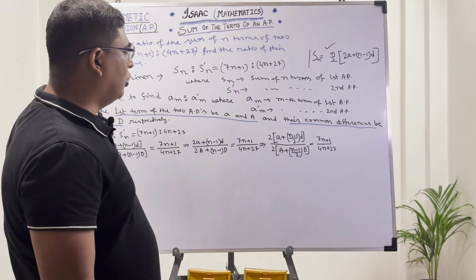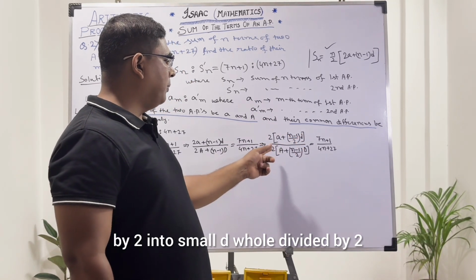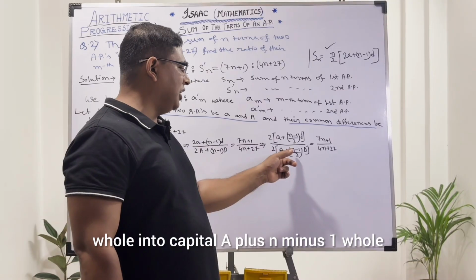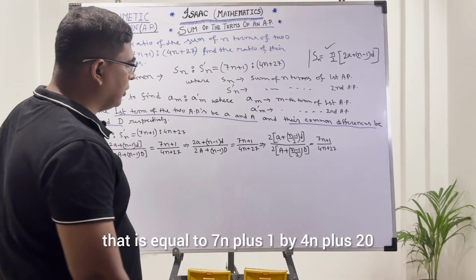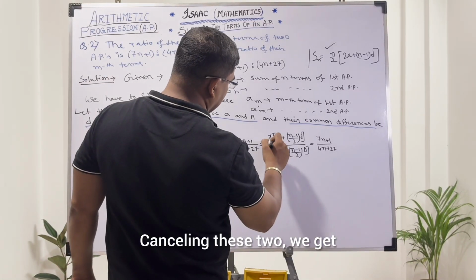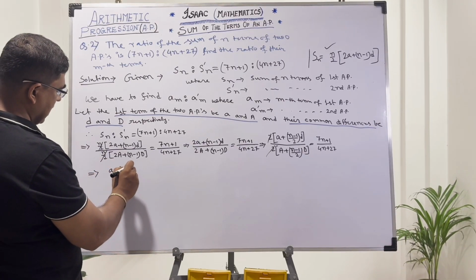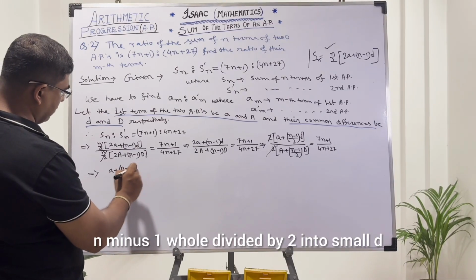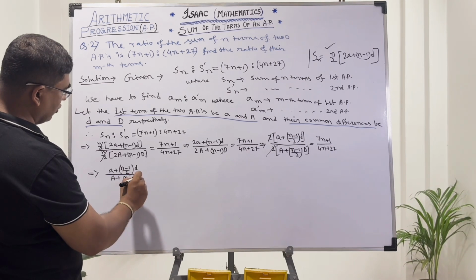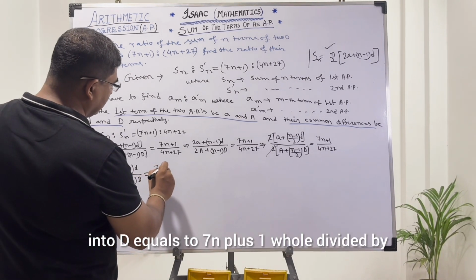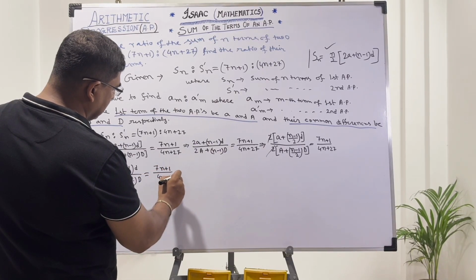Cancelling these two, we get small a plus n minus 1 whole divided by 2 into small d divided by capital A plus n minus 1 whole divided by 2 into capital D equals to 7n plus 1 divided by 4n plus 27.